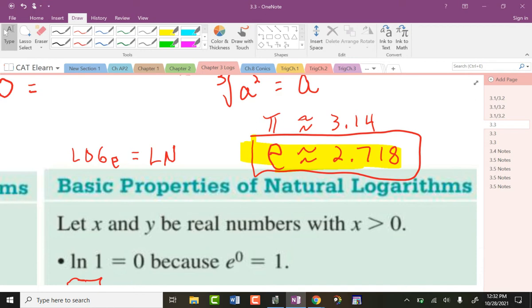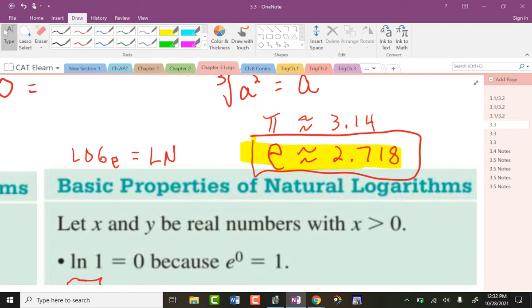Then you have to ask yourself, who the heck is E? Well, E is almost as important as the number pi. By the way, what does pi deal with? Anything dealing with circles, pi gets involved. And I'll tell you why they call it the natural log.